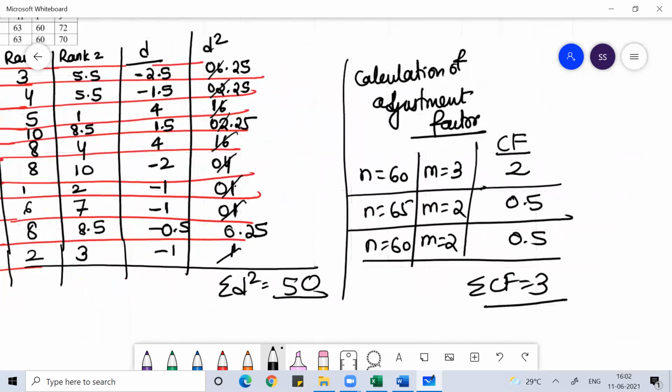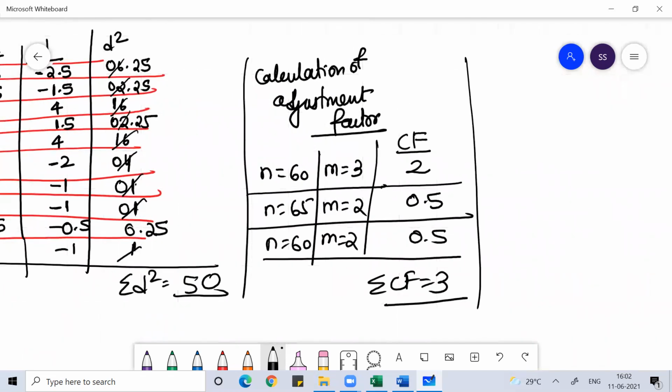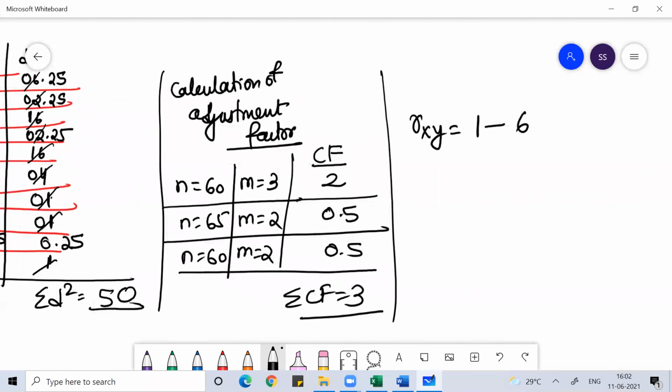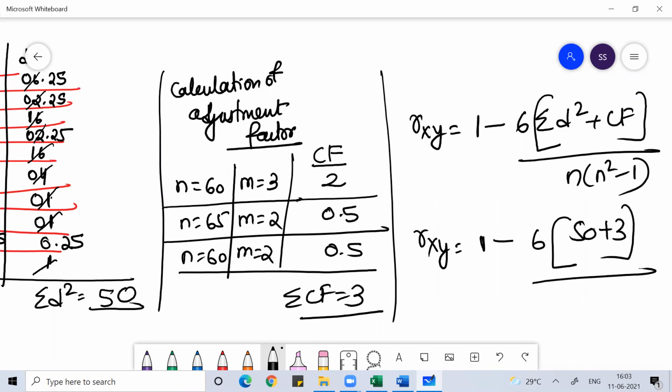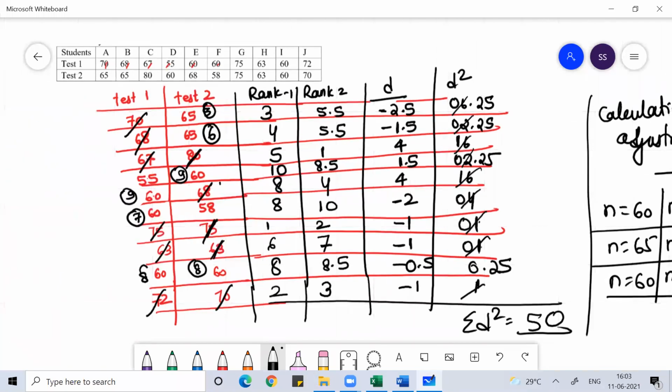Once you get the correction factor as 3, R of xy is 1 minus 6 times the sum of D square plus the correction factor, divided by n into n square minus 1. So R of xy is 1 minus 6 into (50 plus 3), divided by n into n square minus 1. n is how much? 10, no? 1 2 3 4 5 6 7 8 9 10.